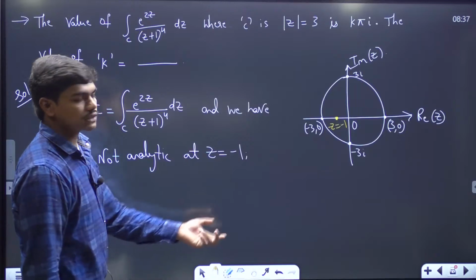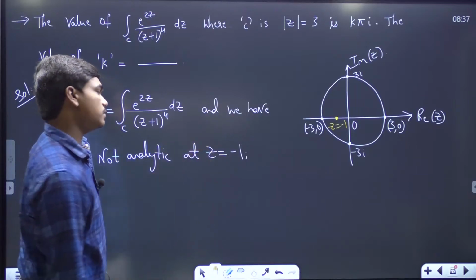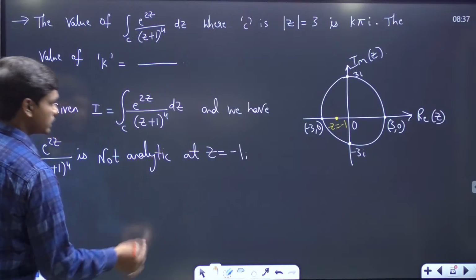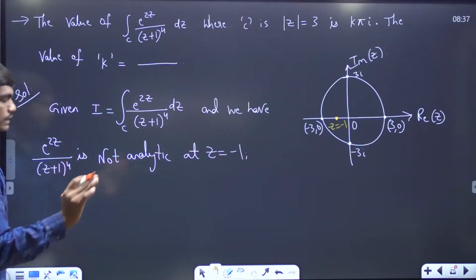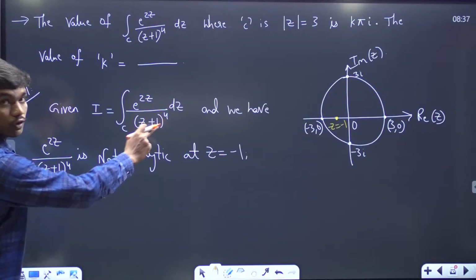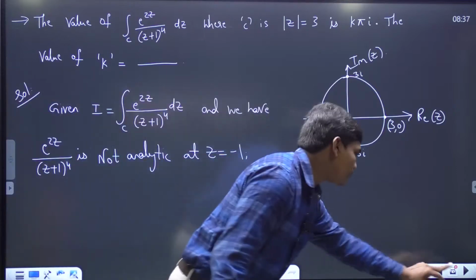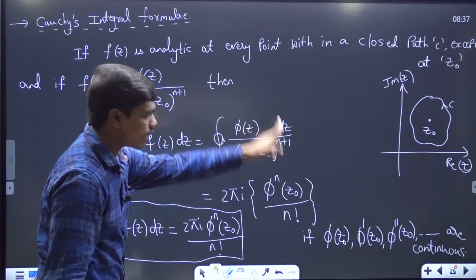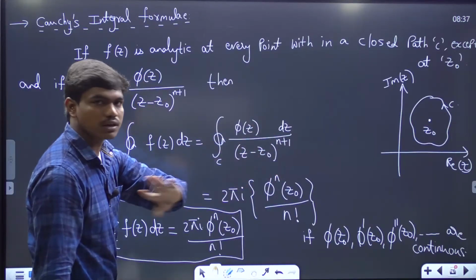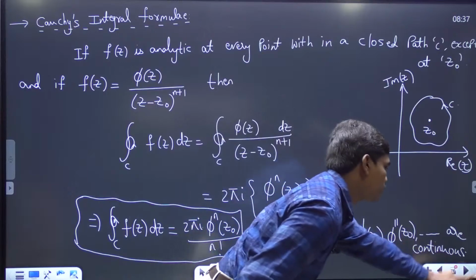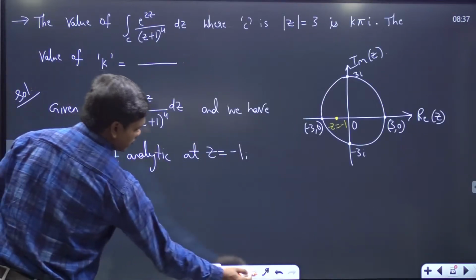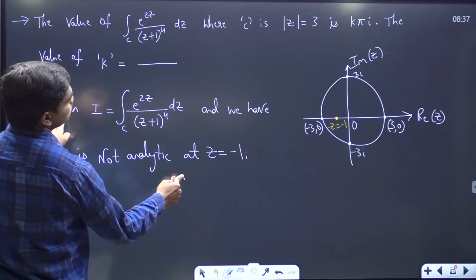If you apply Cauchy's integral formula and compare clearly, the n value is 3 but not 4, because in the formula that I mentioned I put n plus 1 here. So now that you have 4 here, the n value is 3 but not 4. You should keep a note of this. So compare with the Cauchy integral formula.